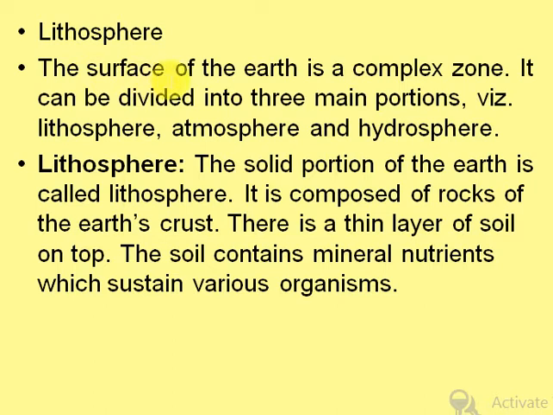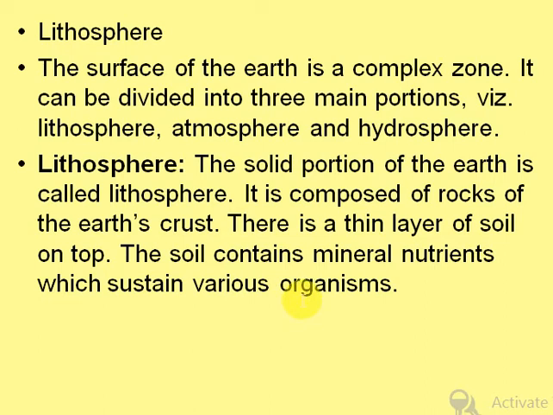So we are discussing about lithosphere right now. That is the solid portion of the earth, called lithosphere, and it is composed of rocks of the earth crust. There is a thin layer of soil on the top. The soil contains mineral nutrients which sustain various organisms.